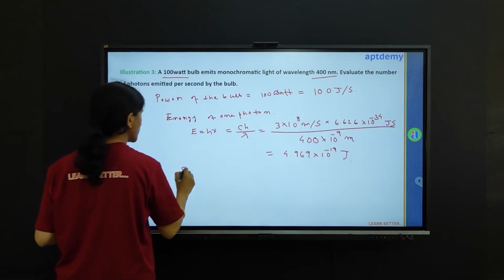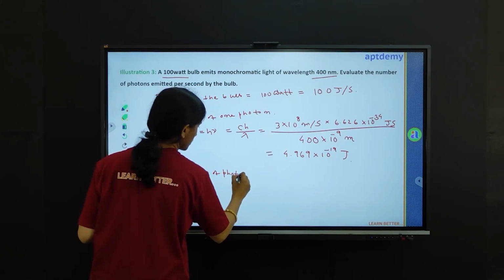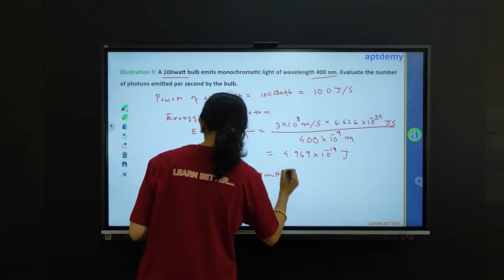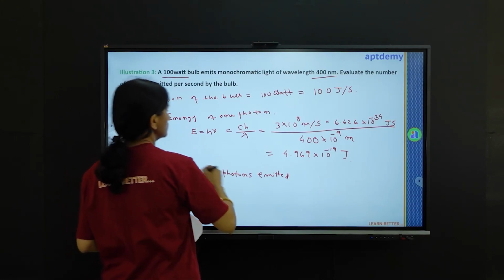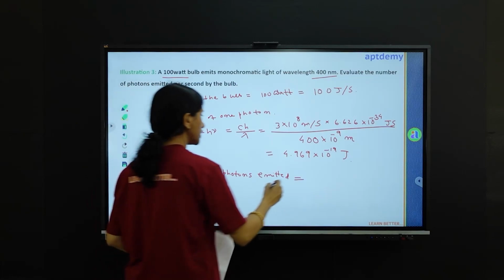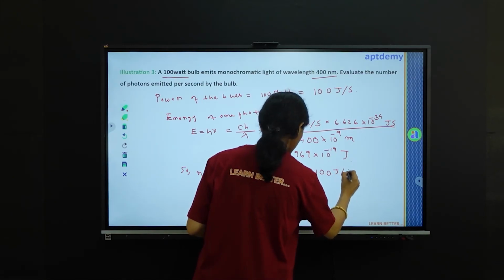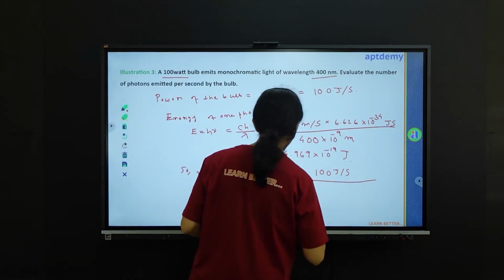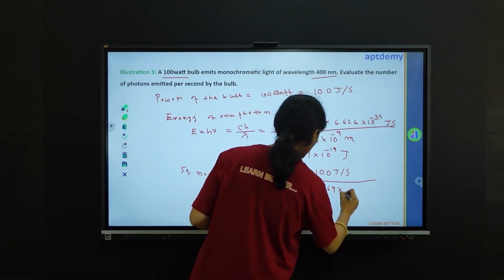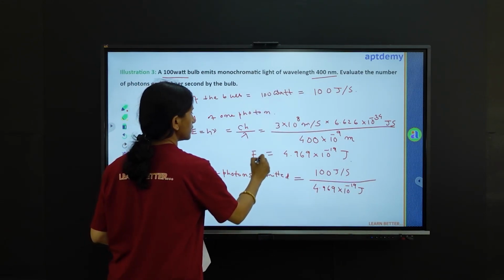Now we have to calculate the number of photons emitted. How can you do that? We have the value of power. This is a 100-watt bulb. So the number of photons emitted can be calculated as the power, that is 100 joule per second, divided by the energy, that is 4.969 times 10 to the power minus 19 joule, that we have obtained above.